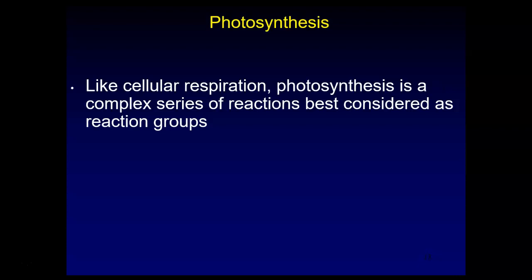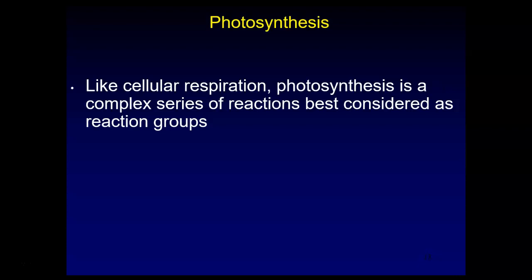Okay, we haven't talked about cellular respiration, but one of the things that we'll find out with both of these is that it's easier to figure out what's going on in photosynthesis if we look at their reaction groups.